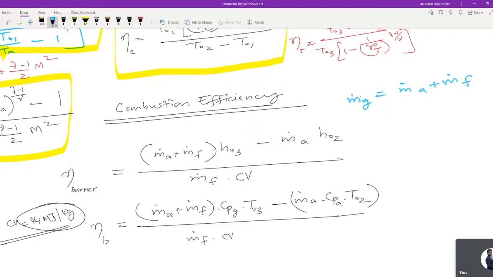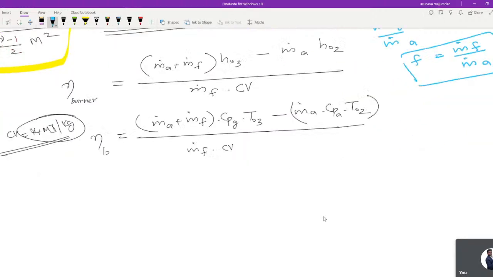So they can also write m dot g by m dot a equals 1 plus f. Here F means the mass flow rate of fuel by the mass flow rate of air. Sometimes they might give you the F value also. If they give you the F value, accordingly you have to frame the equation.